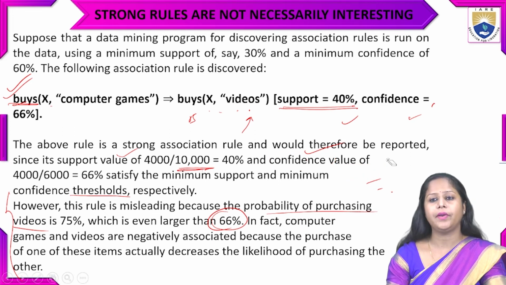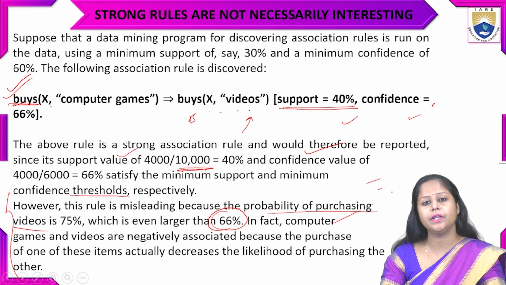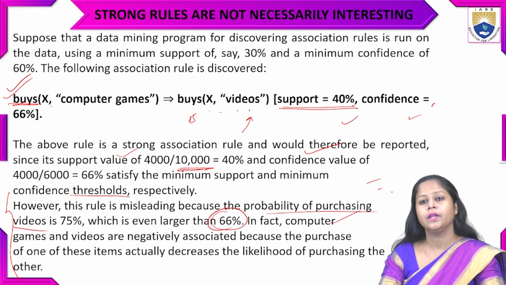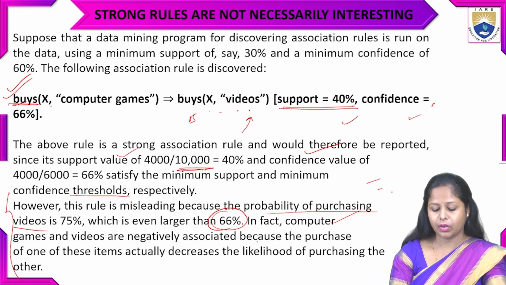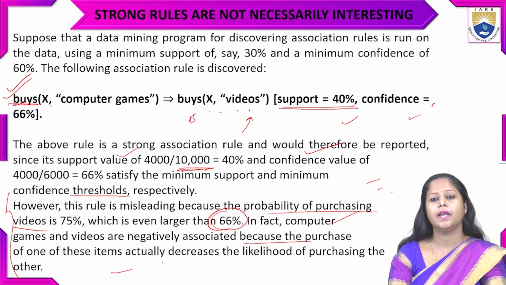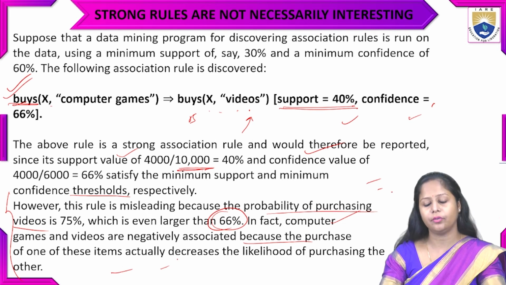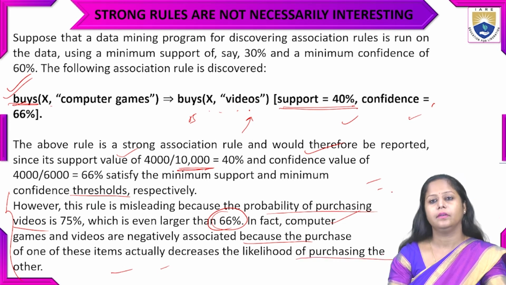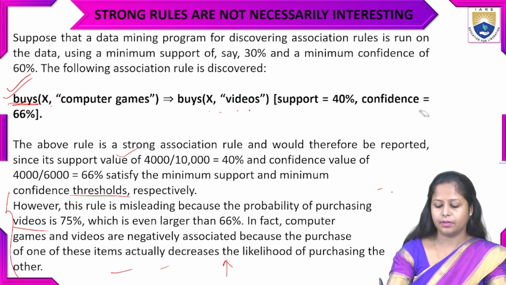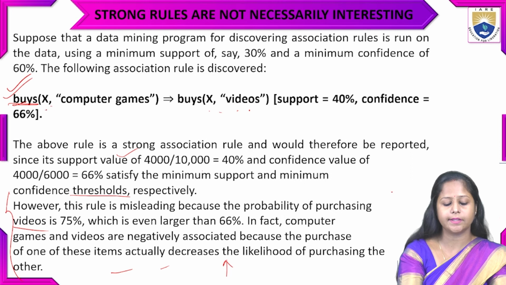In fact, computer games and videos are negatively associated, because the purchase of either of these items actually decreases the likelihood of purchasing the other. So that is the condition that makes the association rule misleading, as we have seen in the example.